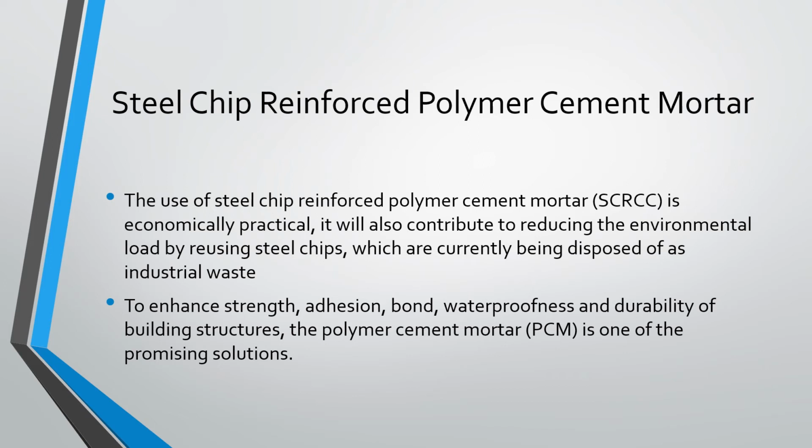The next one is the steel chip reinforced and polymer cement mortar, which is both of them. In this research, we can find what happened with both of the materials.